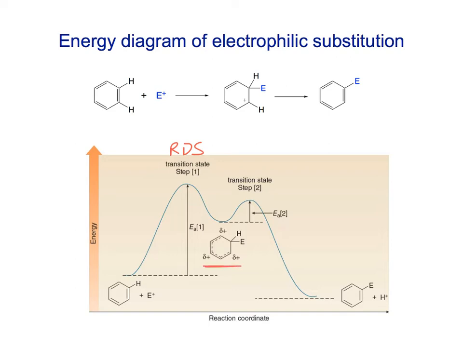Here's this resonance stabilized carbocation. In the second fast step, it's just an acid base step where the base comes in, removes the proton that's on the carbon where that electrophile is attached.